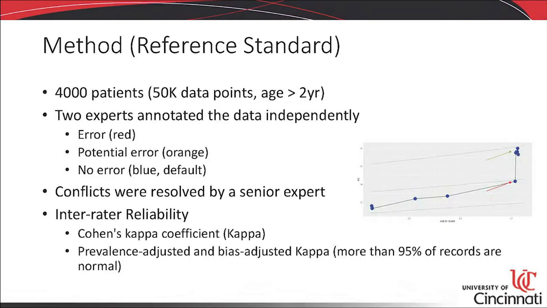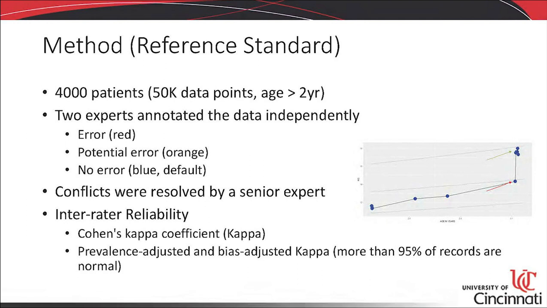So we have 4,000 patients as a test case, all age 2 and above. And then we just have people highlight the notes. We developed an application behind this. Highlight the note: if this is a potential error, it's orange. If it's a significant error, then that's red, by clicking the note twice.